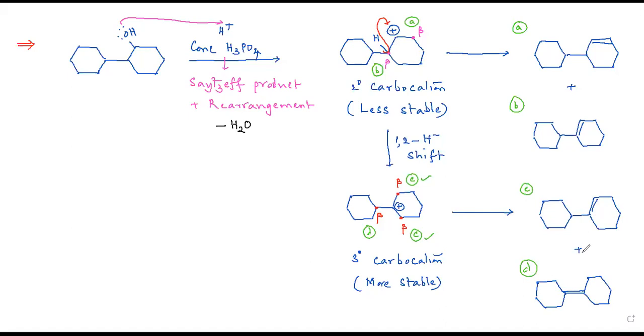So these are the different possibilities that we have. Hope this is clear. This is how you have to analyze a question. So concentrated sulfuric acid, I have given a very interesting discussion. With concentrated phosphoric acid, this is what happens.